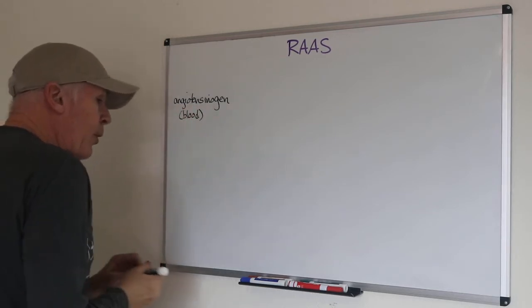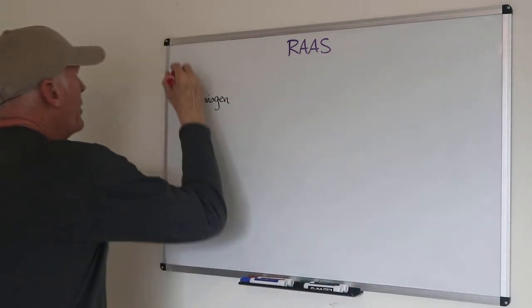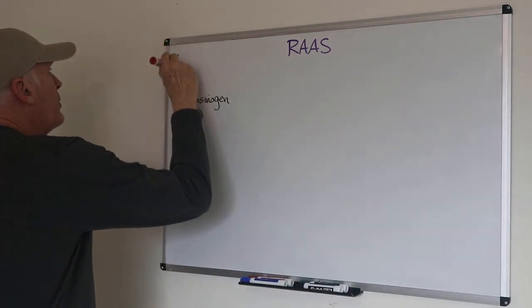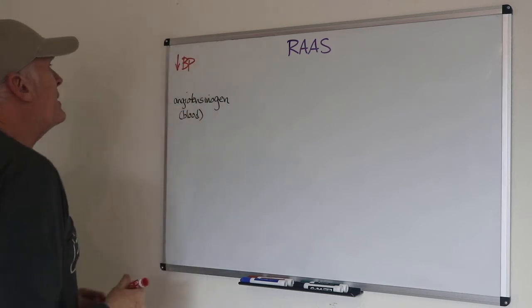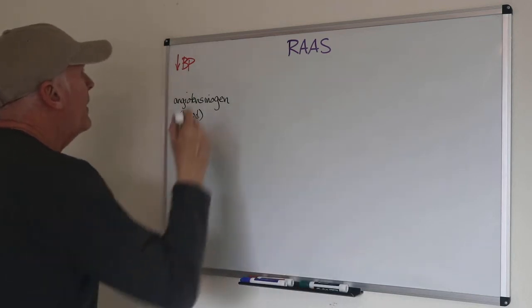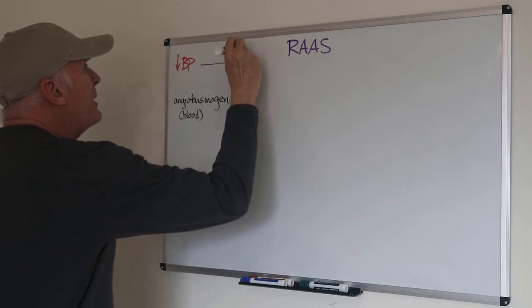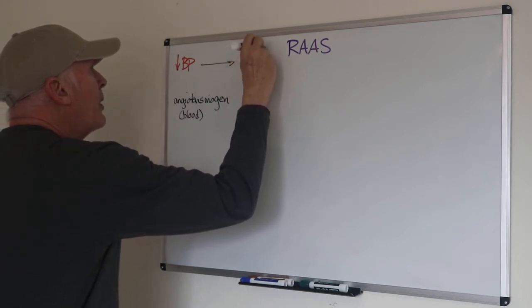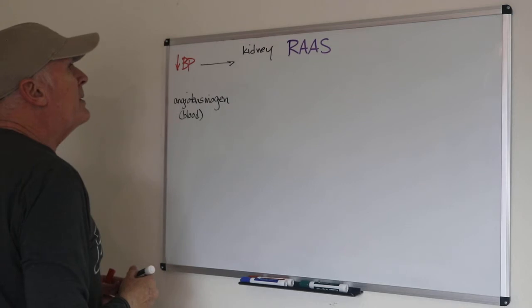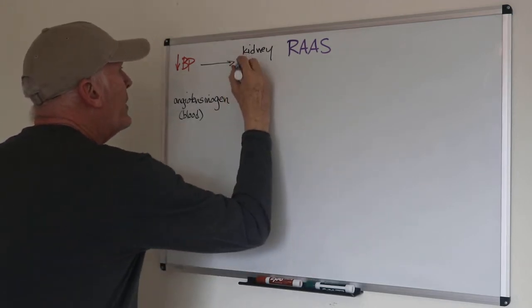Now the start of the whole renin-angiotensin aldosterone system is a drop in blood pressure. That's what starts this whole thing in motion. A drop in blood pressure is going to be detected by the kidney. When the kidney detects the drop in blood pressure, it releases a hormone called renin.